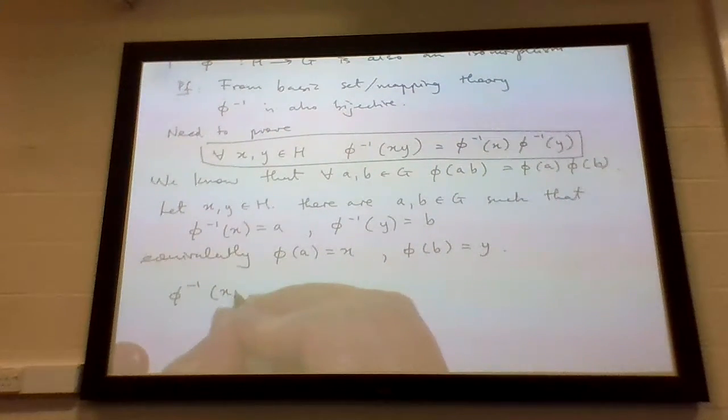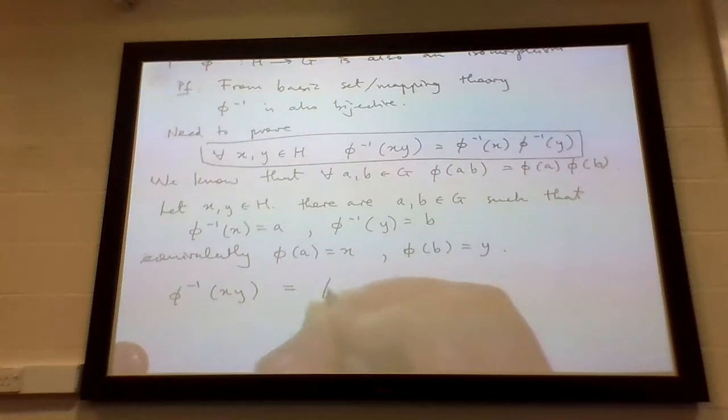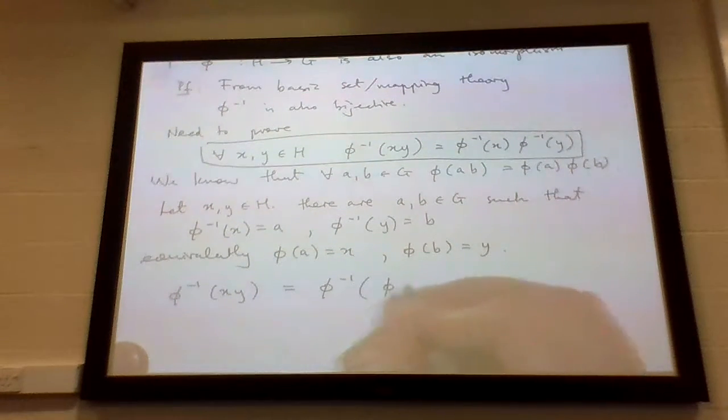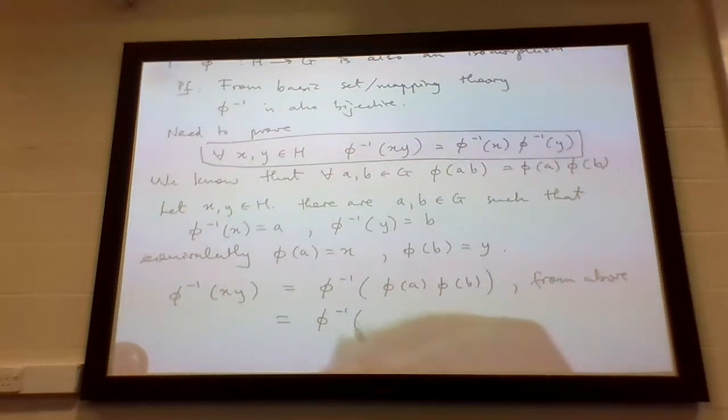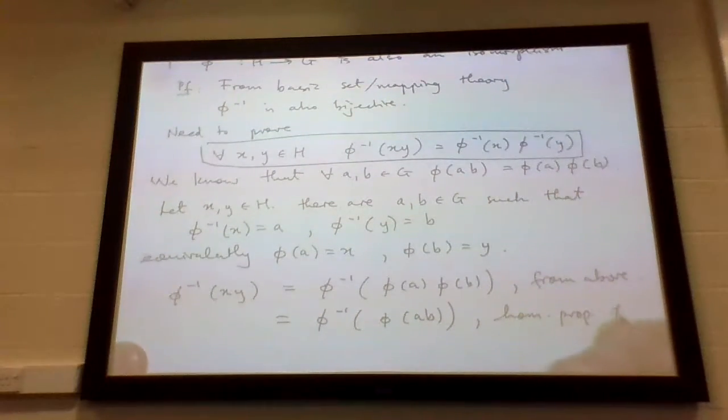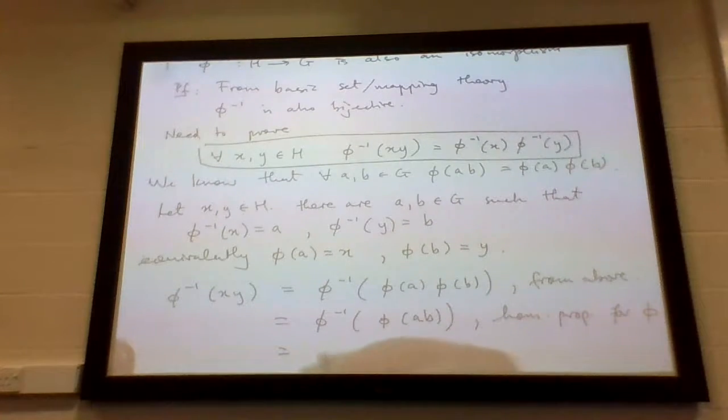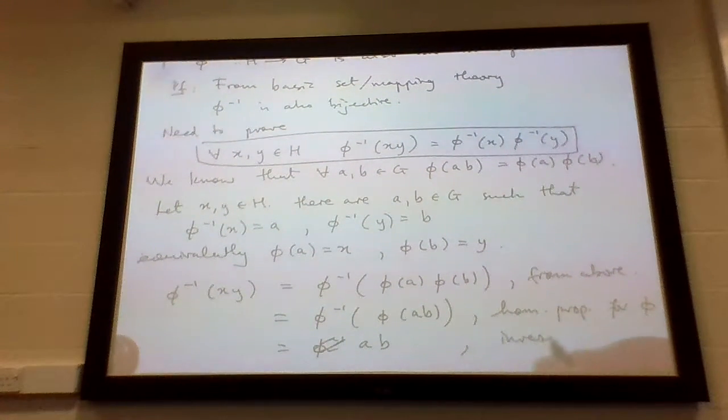Phi inverse of XY is phi inverse of phi A times phi B, from up above. And that's phi inverse of phi of AB, by the homomorphism property for phi. That is phi inverse of phi of AB, which is just AB, by inverse functions.